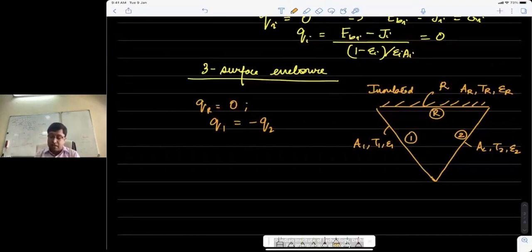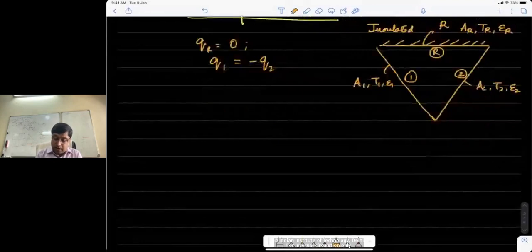If you do an entire energy balance on this enclosure, then one is giving and one is receiving. That's how it has to be. The third surface is not giving anything in terms of radiative heat transfer. And remember, we're doing all these calculations at steady state. Unsteady behavior is very different, and some of these assumptions would not hold true.